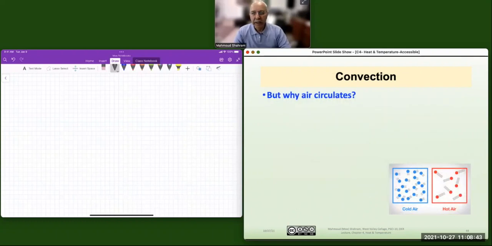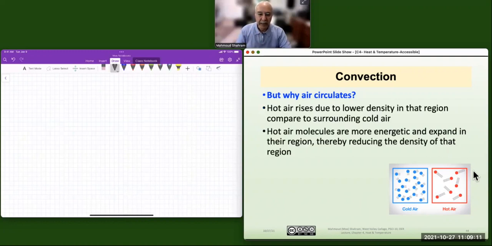But why is it that air rises up? Well, when we have hot air, remember, the molecules are moving around more, so they need more room. So the density of the hot air is less than cold.